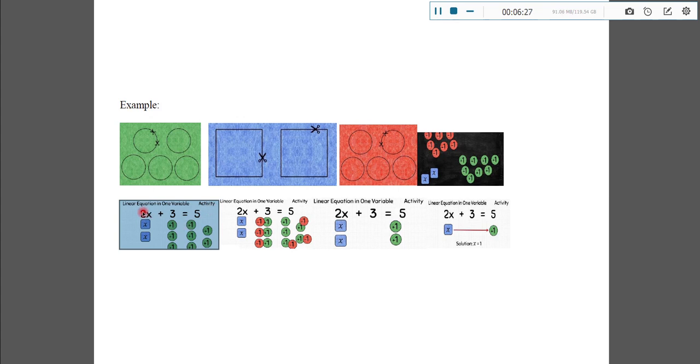Then write this equation: 2x + 3 = 5. Put two squares on which x is written below 2x. Similarly, put three green circles on which +1 is written below 3, and five green circles on which +1 is written below 5.